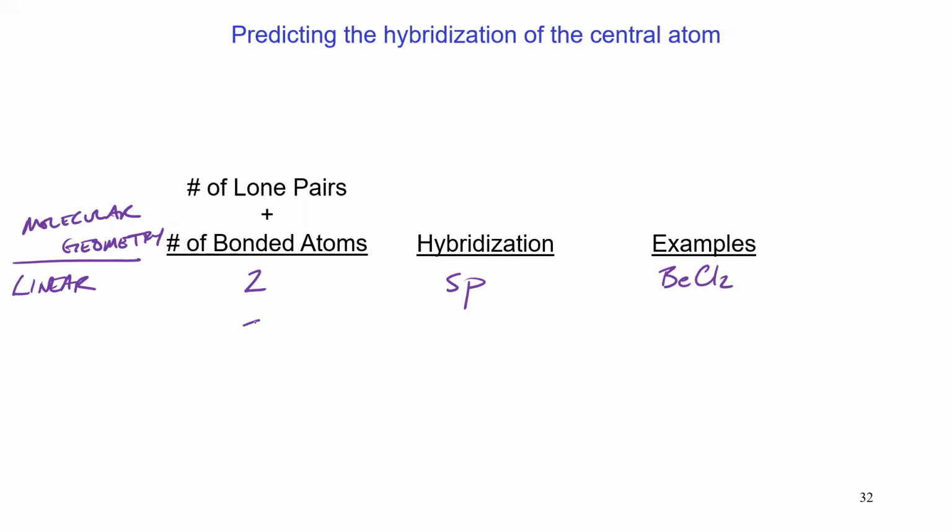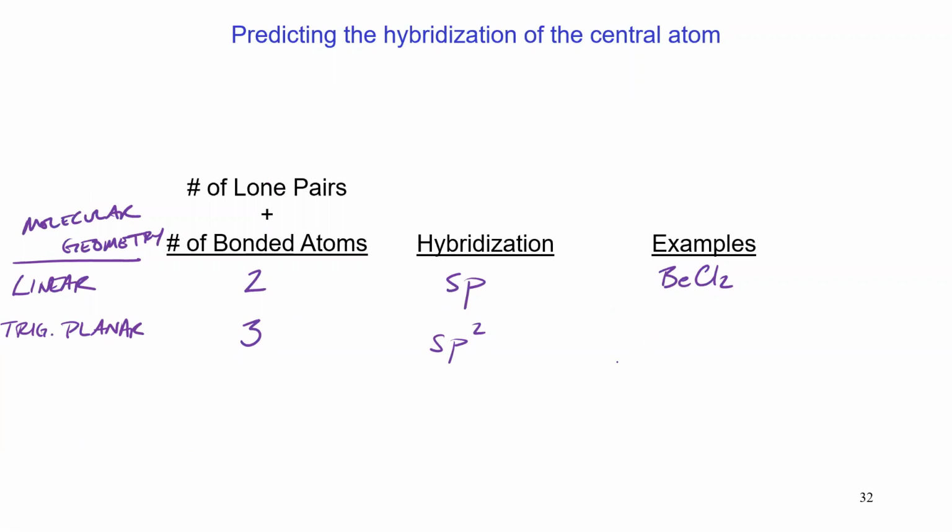If we go up to 3 lone pairs or bonded atoms, what was our molecular geometry? Trigonal planar. That's it, trigonal planar. Now I'm adding in another orbital, and so we're up to sp2.